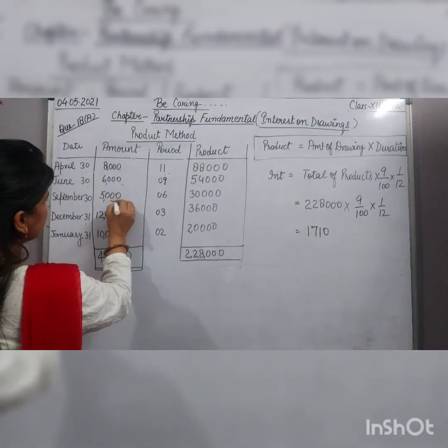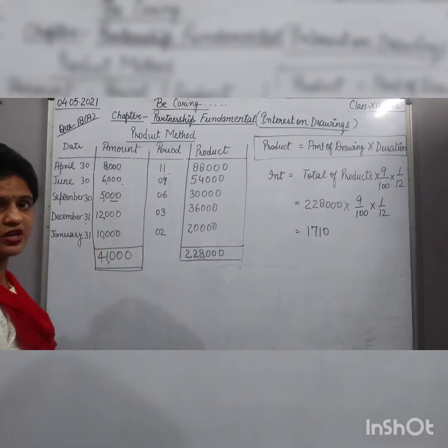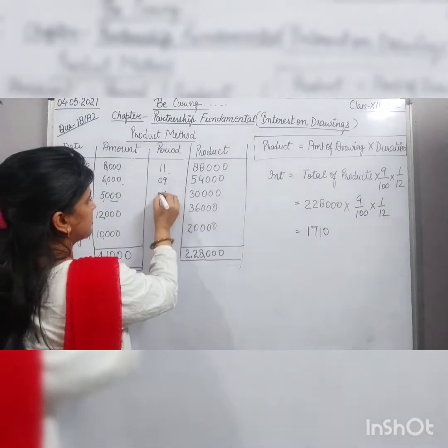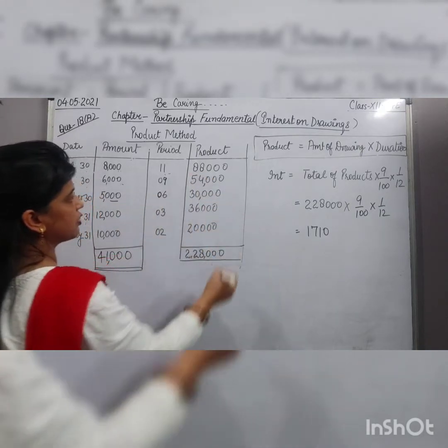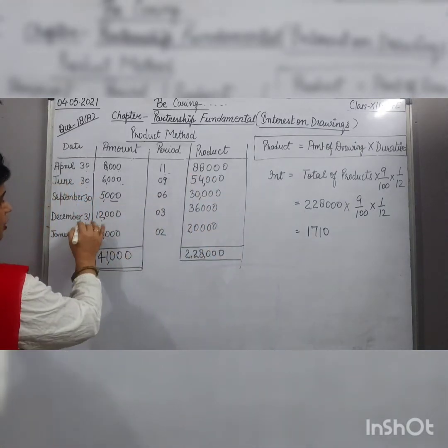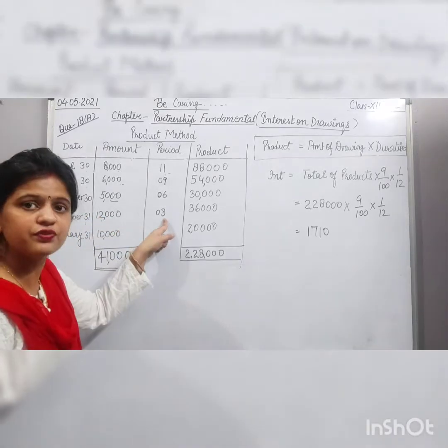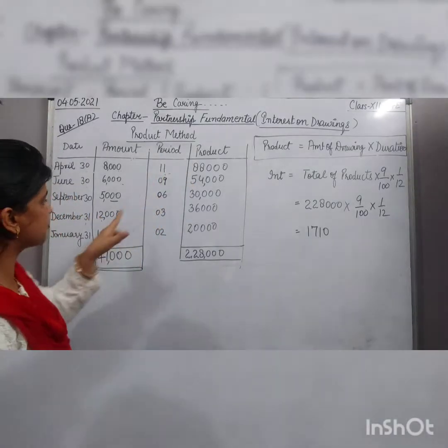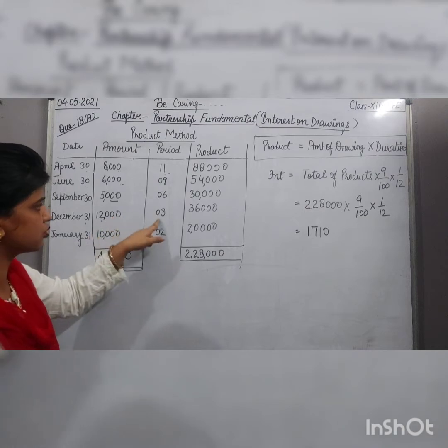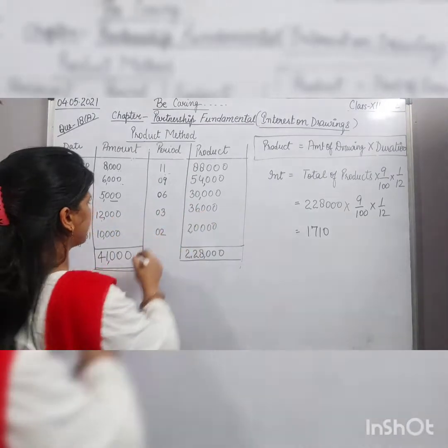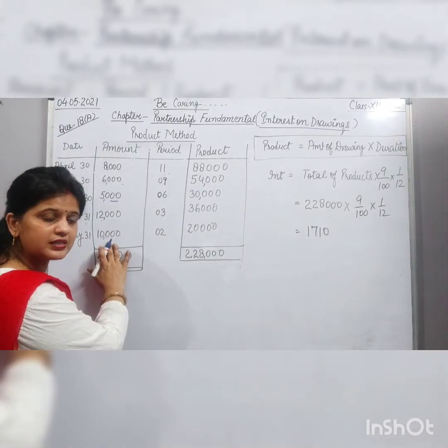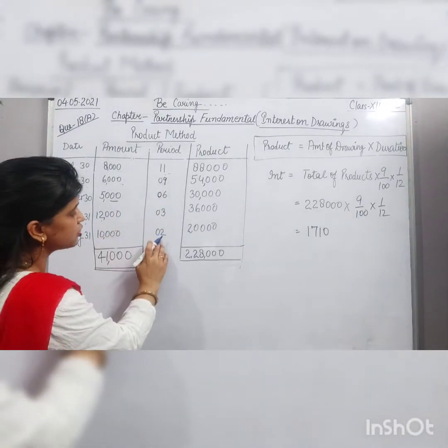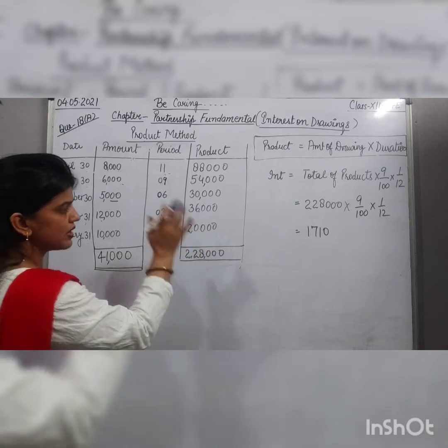Then 5,000 for September, and the duration is 6 months, so 6 into 5,000 becomes 30,000. Then 12,000 for December, and the duration is 3, so 12,000 into 3 will be 36,000. And the last, January 31st, 10,000 drawing is given, and the period is 2, so 10,000 into 2, 20,000.